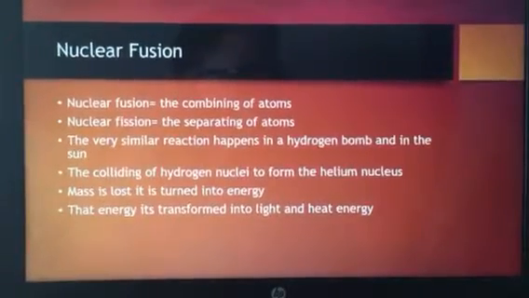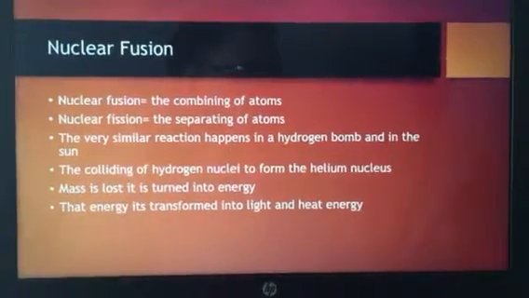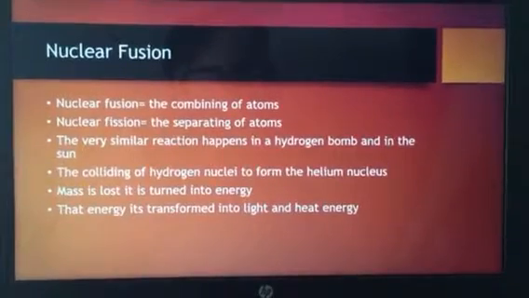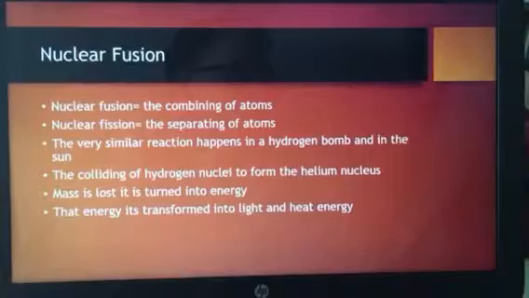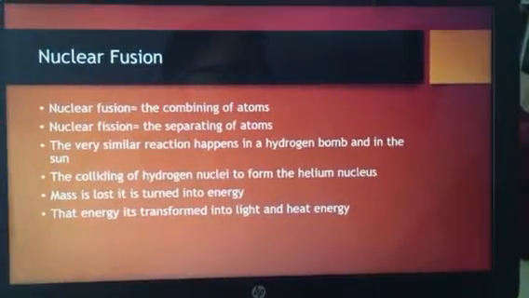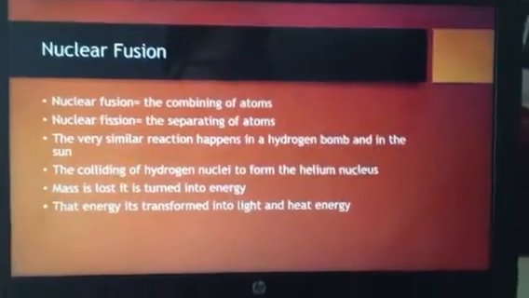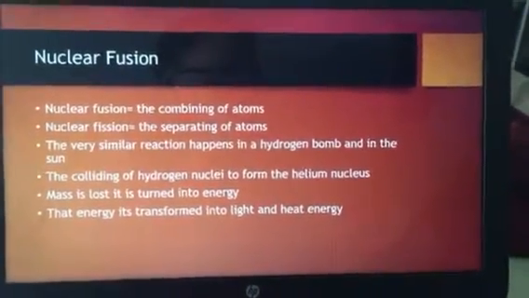Like I said in the last slide, the core of the Sun is where nuclear fusion occurs. Now, a lot of people get nuclear fusion and nuclear fission swapped, but one good way to remember is fusion is the combining of nuclei, and fission is the separating of atoms.